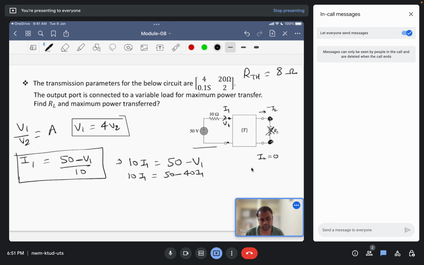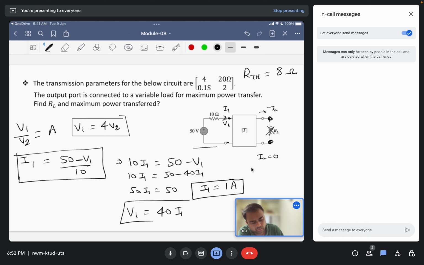From here we can get I1. So 40 plus 10 is 50. 50 I1 is equal to 50. I1 is equal to 1 ampere. Now we have I1, we can calculate V1, using the relation V1 is equal to 40 I1 that we already derived. So V1 is equal to 40 volt and V2 is V1 by 4.